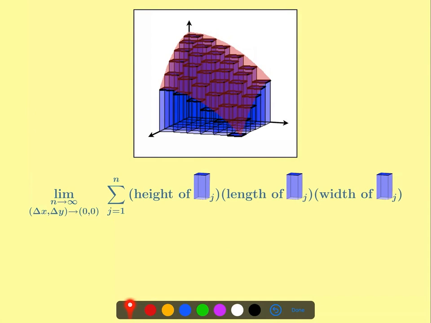As we take the volume of each of these boxes, we take the height times the length times the width. The height is going to be a value of the function z equals f of x, y. The length is going to be a delta y, a small change in y, and the width will be a small change in x. We multiply those together to get the volume of one box, and we want to sum over all the boxes and let the number of them go to infinity, as well as the width and length going to 0.